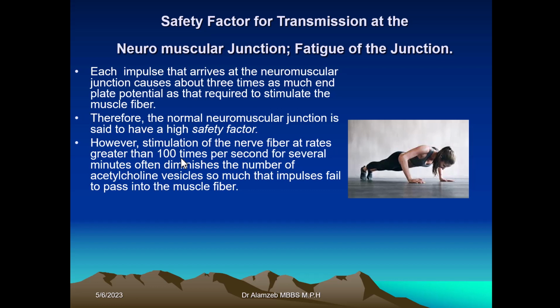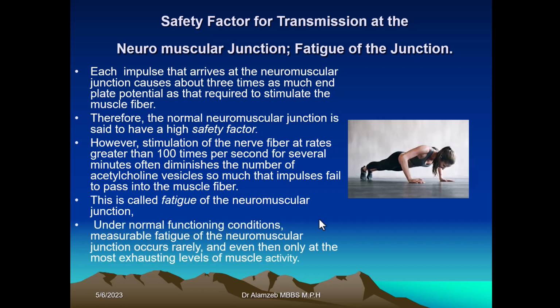So in that condition, in a stressful condition, when the muscle is stimulated more than 100 times, or put under stress like in exercise, the muscle goes into fatigue. This is called fatigue of the neuromuscular junction.